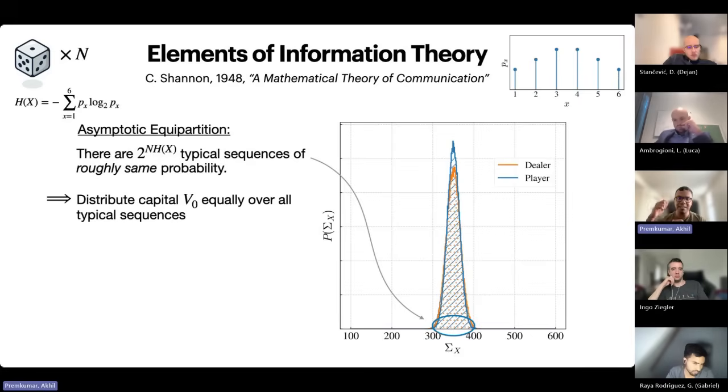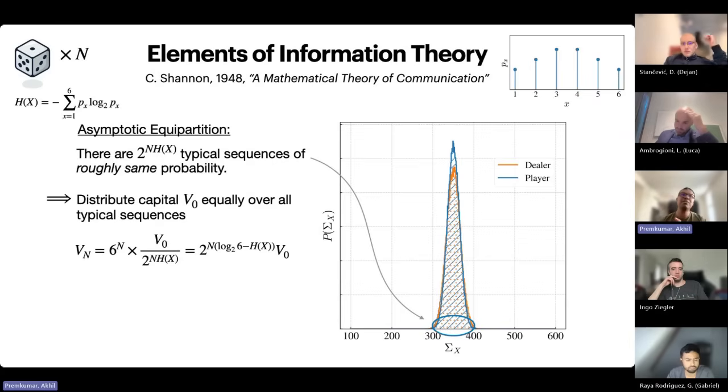This is exactly equivalent to taking whatever money you have and iteratively placing the bets on the individual games one at a time. So what you're doing instead is taking the ensemble of all possible sequences and placing bets across all of them. And since you're placing bets only on the typical sequences, one of these is going to win, right?